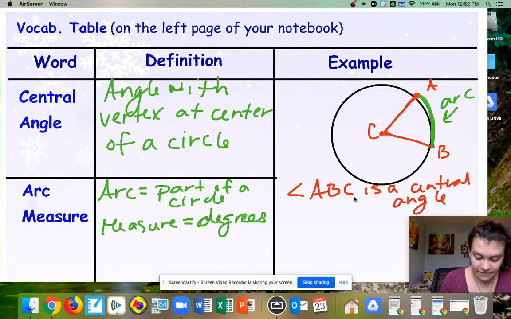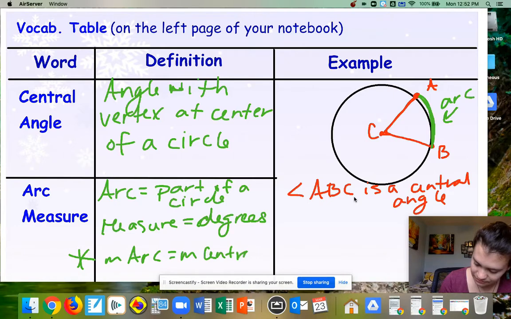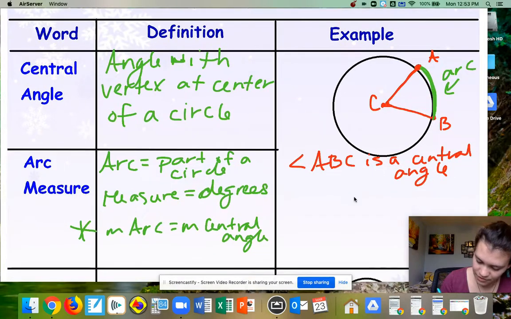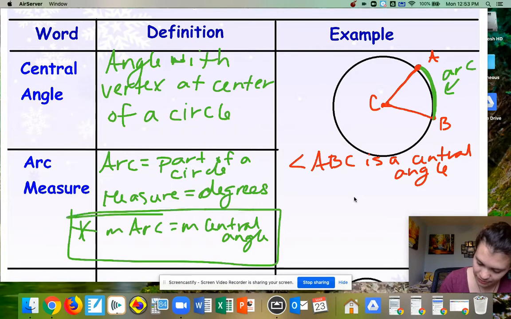And if you want to find the measure of an arc, it's going to be the same as a central angle. So your measure of an arc is the same as your measure of the central angle. This right here is your important thing to remember.